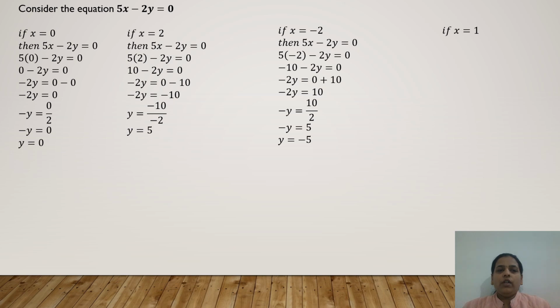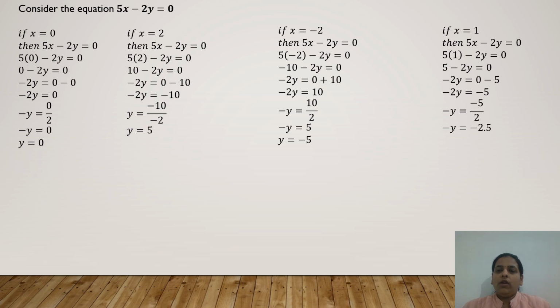We want to calculate the fourth ordered pair similarly. When x is equal to 1, put the given value in the given equation, that is 5 into 1 minus 2y is equal to 0. 5 into 1 is 5, so 5 minus 2y is equal to 0. Minus 2y is equal to 0 minus 5, that is minus 5. Y is equal to minus 5 upon 2.